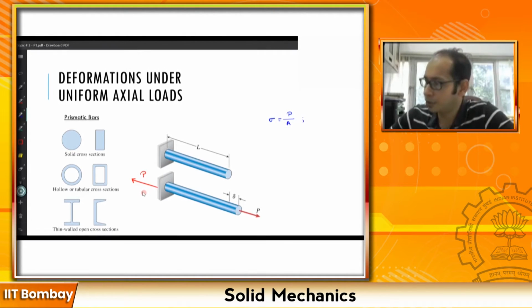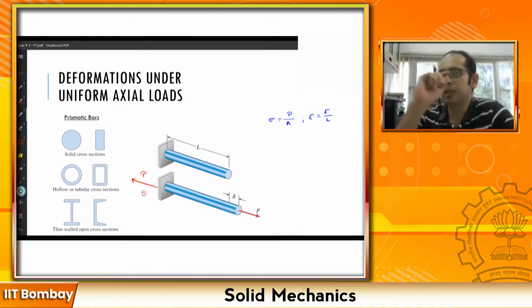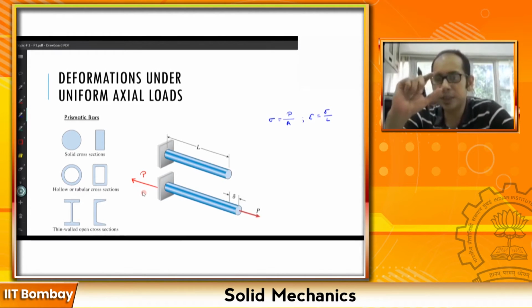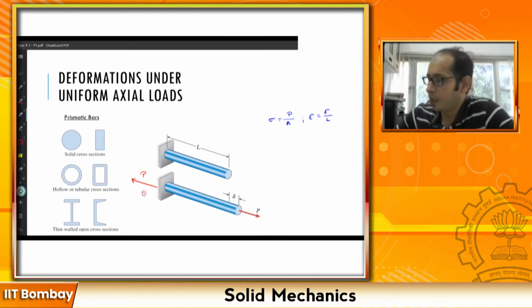For the strain, designated by the Greek symbol epsilon, we have epsilon equals delta divided by L. We know these two quantities. And within the proportionality limit, in that linear region where Hooke's law is still valid, the relationship between sigma and epsilon is sigma equals E, the Young's modulus or modulus of elasticity, times epsilon.